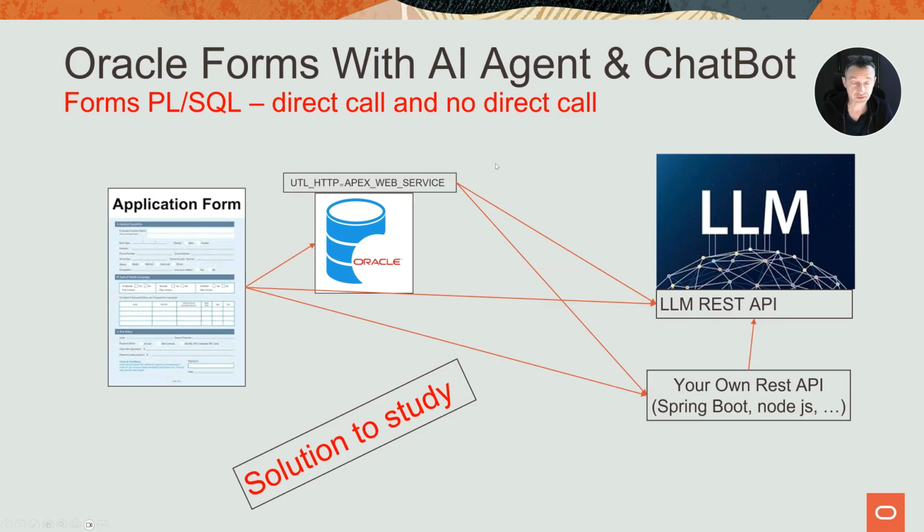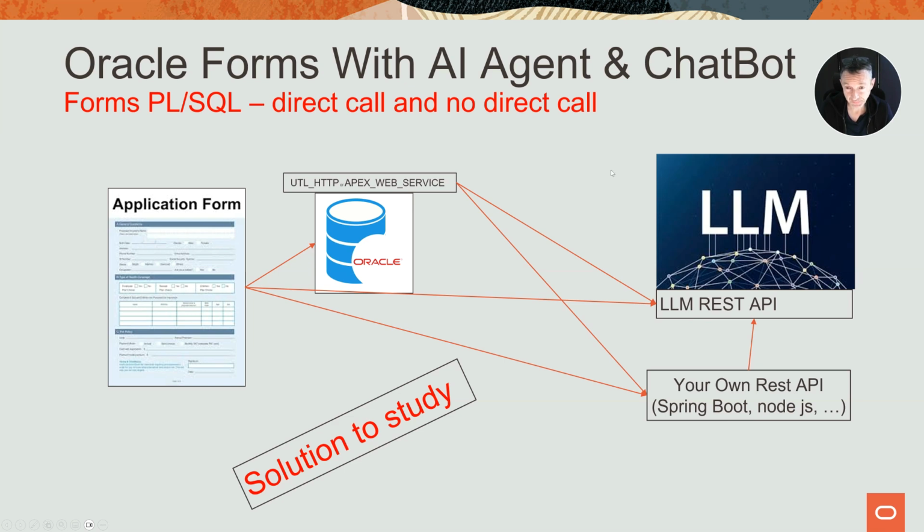The first architecture that you can do: Forms is really DB-centric, so you use SQL and PL/SQL, and you can do a direct call, or not a direct call, using the DB to the LLM REST API or to your own REST API that exposes an LLM service.